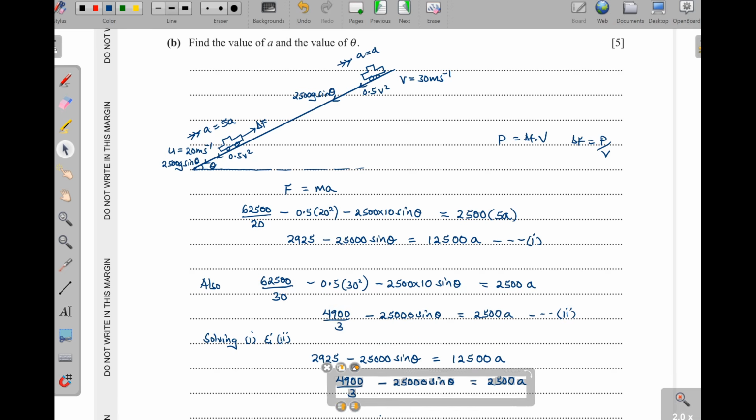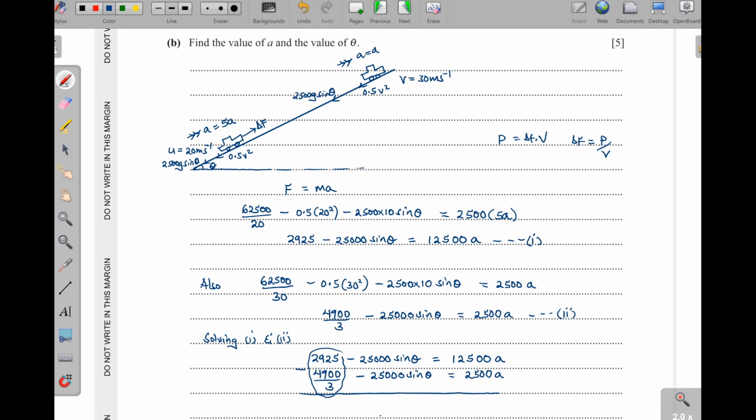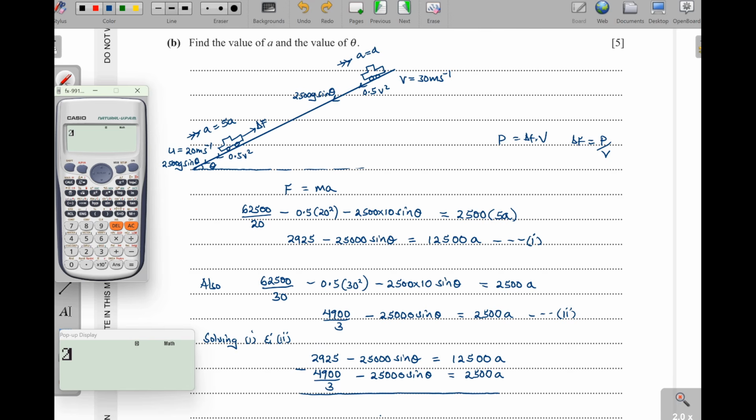When I subtract them, what is this one here? 2925 minus 4900 over 3. That is 3875 over 3.